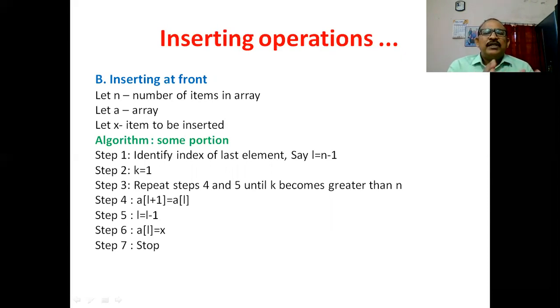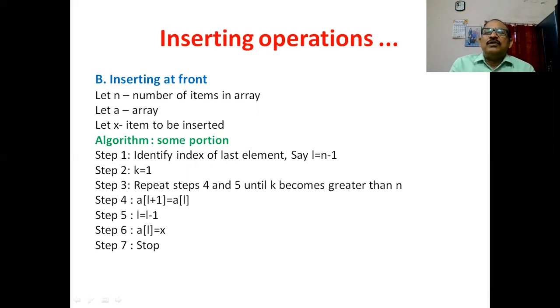Next step, repeat steps 4 and 5 until k becomes greater than n. And what is n? N is the total number of items in the array. Step 4 is A[L+1] = A[L].